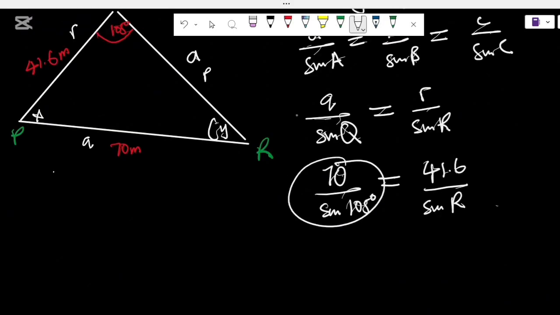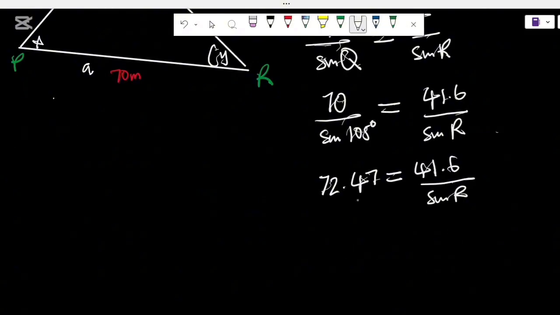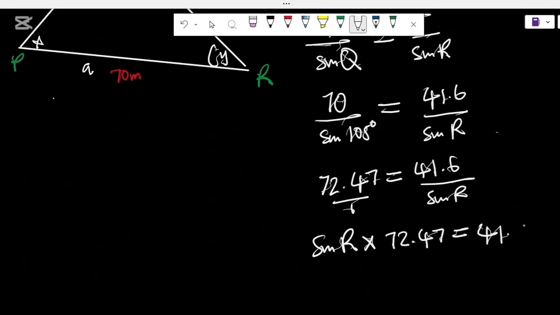Now this first part here is going to be equal to 72.47, which is equal to 41.6 over sine R. So at this point we're going to have sine R multiplied by 72.47, which is equal to 41.6.